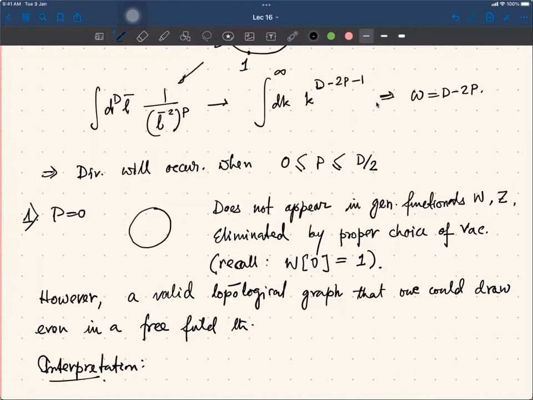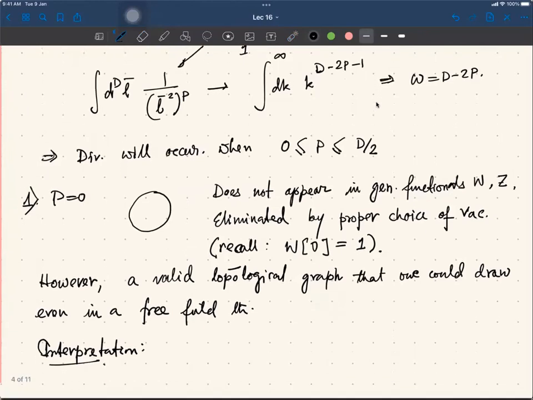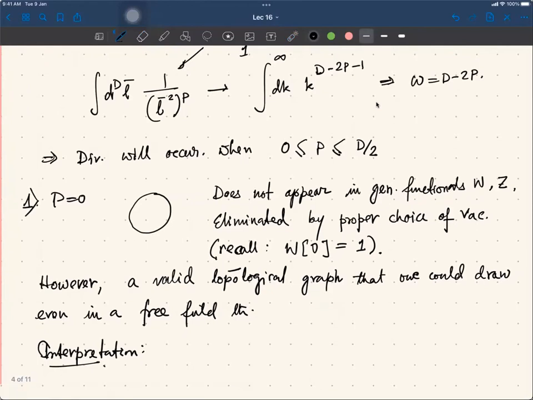An operator with normal ordering and an operator without normal ordering will differ by a divergent piece, and it is this divergence which is eliminated by the choice of vacuum.